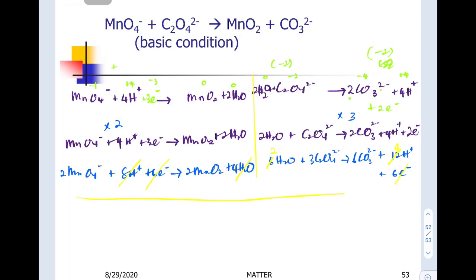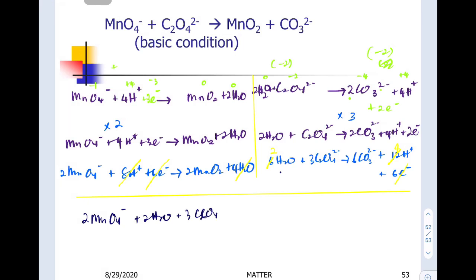We will get the overall equation: 2 MnO4 minus plus 2H2O plus 3C2O4 2 minus produce 2 MnO2 plus 6CO3 2 minus and 4H plus.